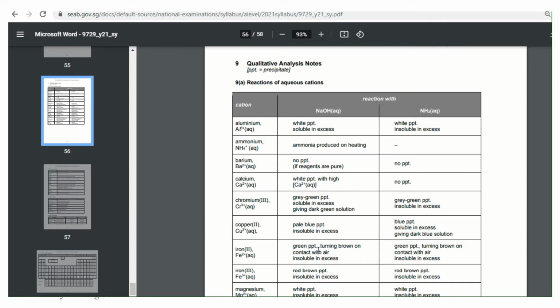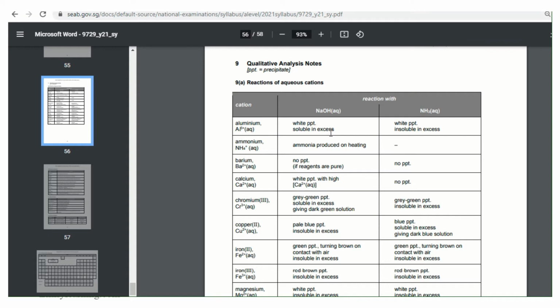Next, once the precipitate is formed, you will add sodium hydroxide or aqueous ammonia in excess. The purpose of adding it in excess is to see whether the precipitate will dissolve in excess aqueous ammonia or excess sodium hydroxide. If it is soluble in excess, you will get a colored solution.